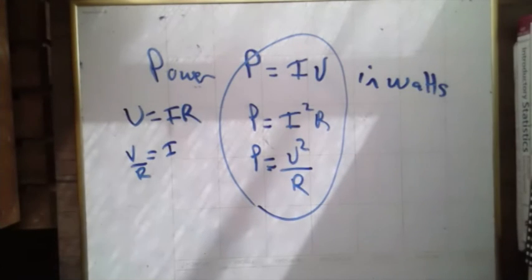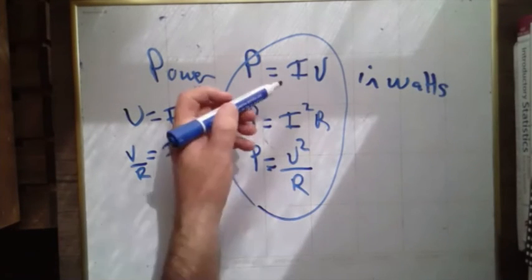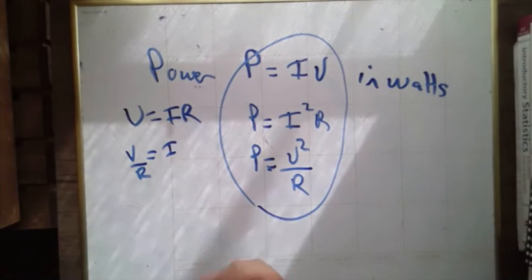If we know two of those things, we use those to find power. They all give us the same number. This is how much energy your resistor is expelling in the form of heat or light or mechanical energy.